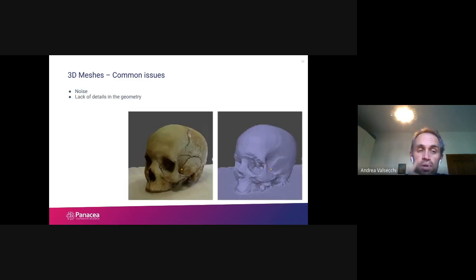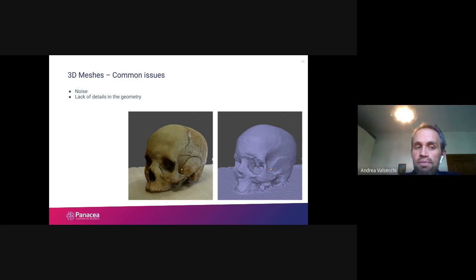Another one, which is more subtle, is the lack of details in the geometry. For me, it's the first thing that I check when I handle a 3D model. We can see that this 3D model looks very good. If you look on the left, it looks photorealistic.